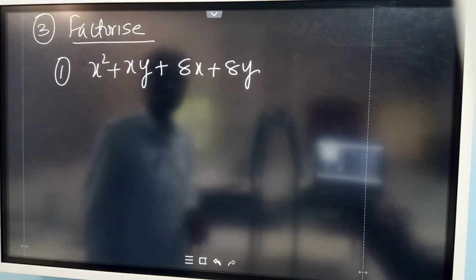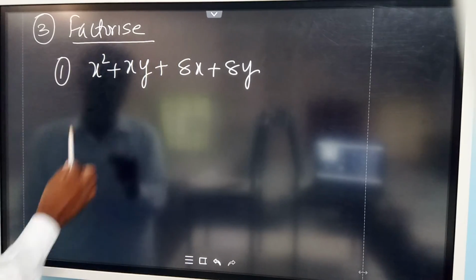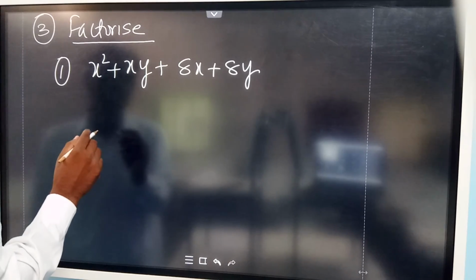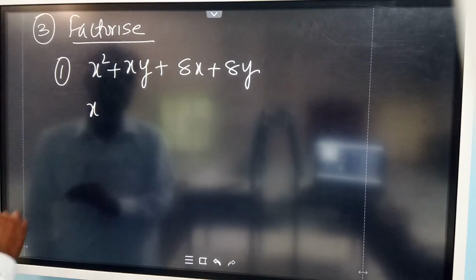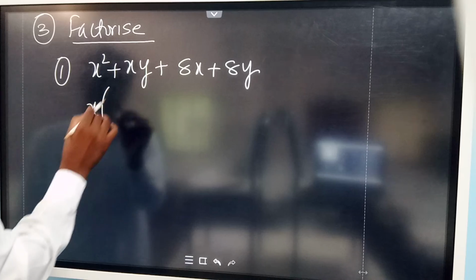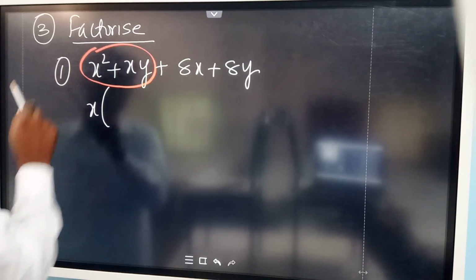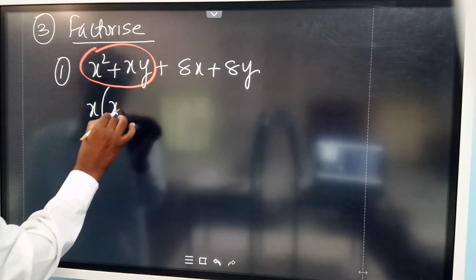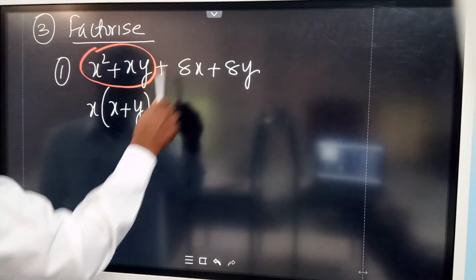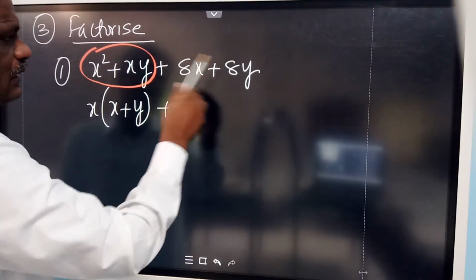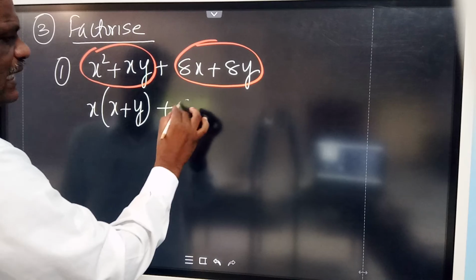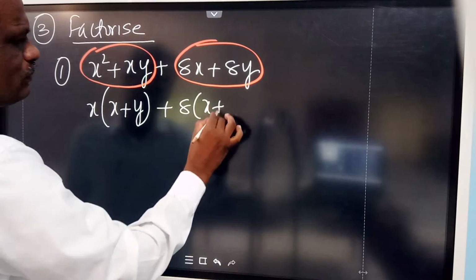So this is the answer. Yes, so you can prove these two. If you take x common, what remains in the first two? This is one group. If you take x common, x plus y. Here you take common, plus, here you take 8, so here also x plus y.